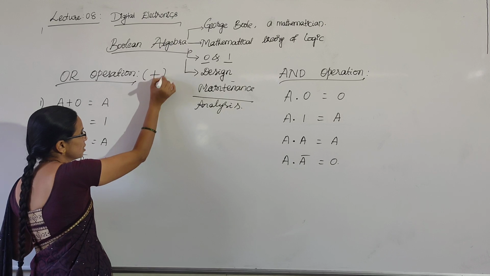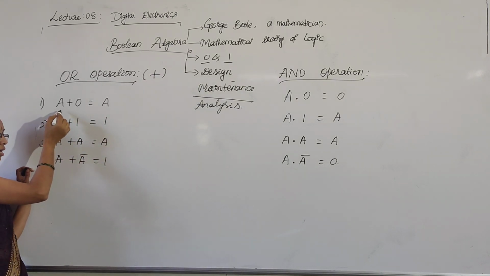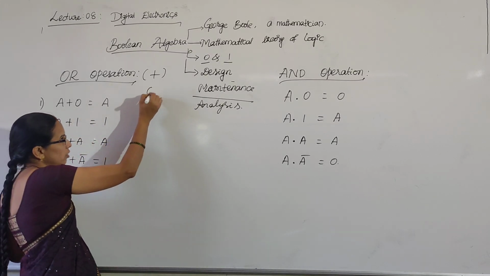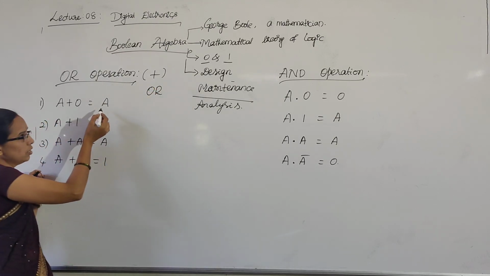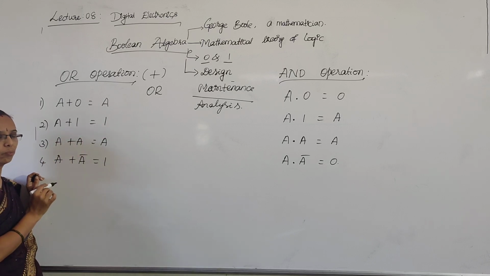Plus is the symbol for OR. So you can read it as A plus 0 is equal to A, but it is good to practice A OR 0. A OR 0 is A. A OR 1 is equal to 1.